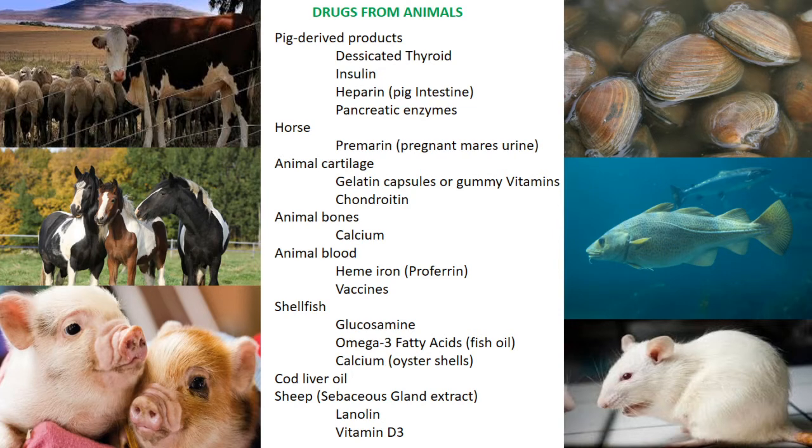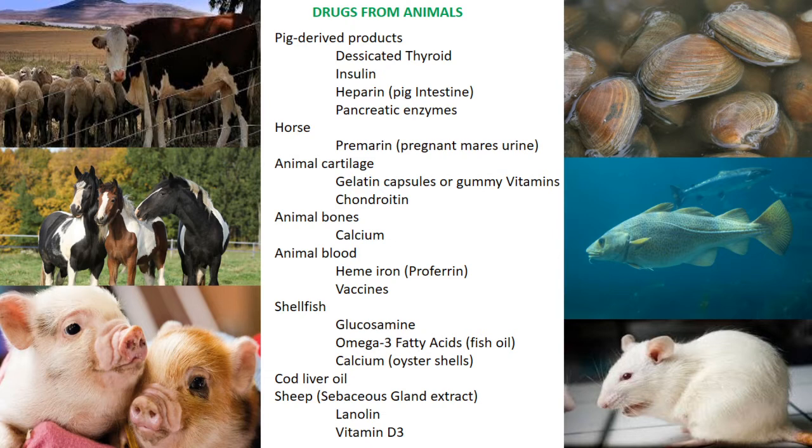Then from animal cartilage, chondroitin, which helps to treat osteoarthritis when it is combined with manganese ascorbate, glucosamine sulfate, glucosamine hydrochloride, and N-acetyl glucosamine. And also from animal bones we are obtaining calcium.